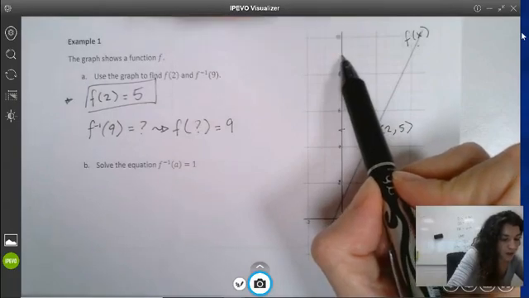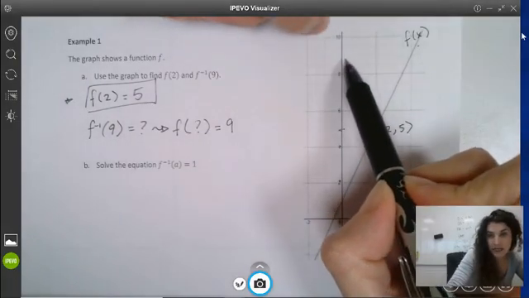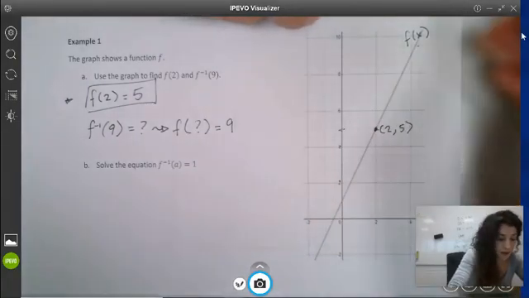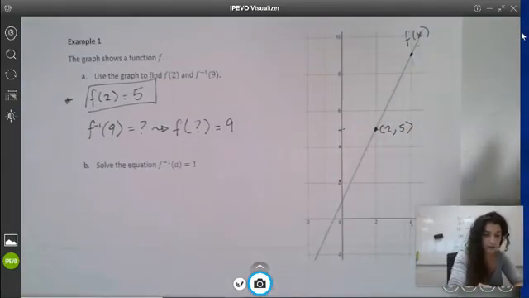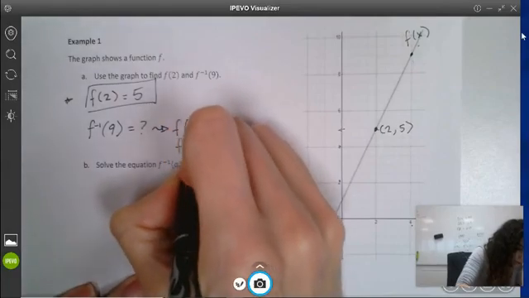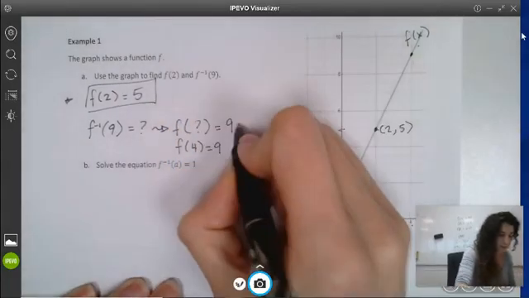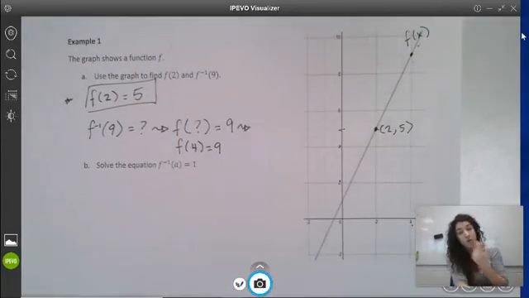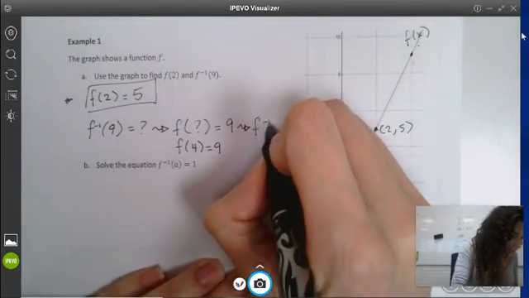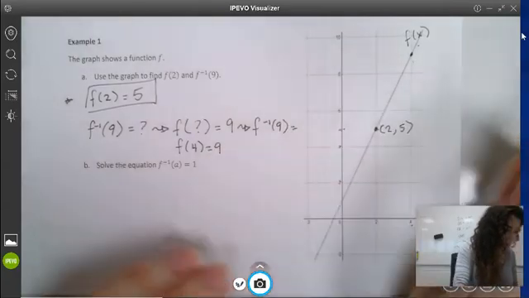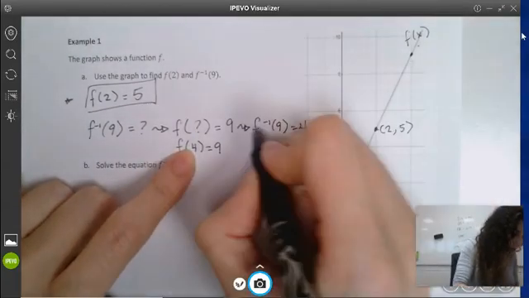So I go to the y values, find 9, which is halfway between 8 and 10, go over to my graph, find that point, go down to the x value, and I see that it is 4. f of 4 equals 9. So to fully answer this question correctly, I would say f to the negative 1 of 9 is equal to 4.